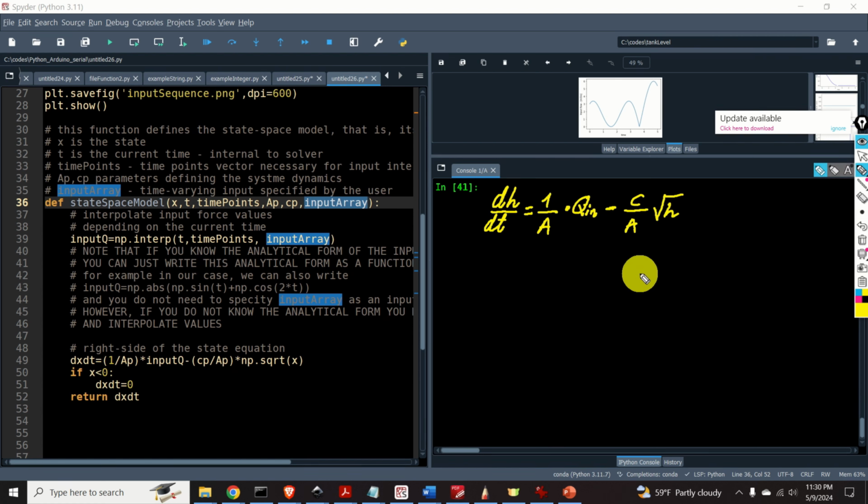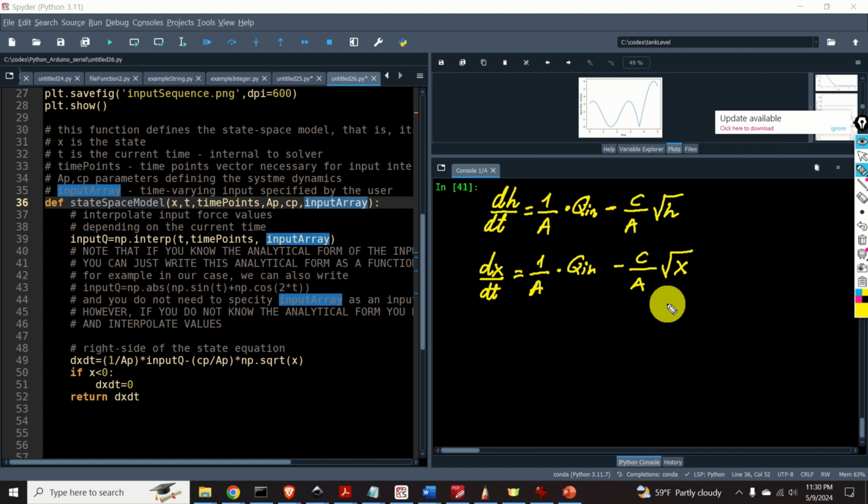To avoid any confusion, I will simply rewrite this function in terms of x. That is, I will substitute h by x. Consequently, the function will look like this: dx over dt is equal to 1 over A multiplying Q input minus C over A multiplying square root of x. This function defines the right-hand side of this equation.